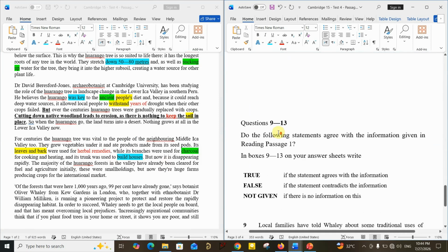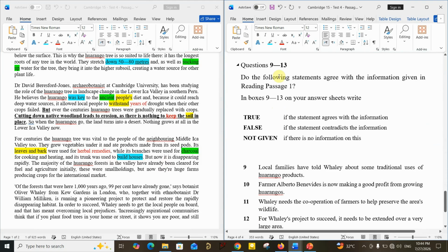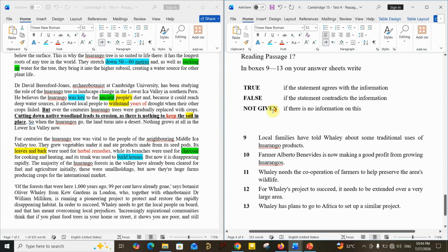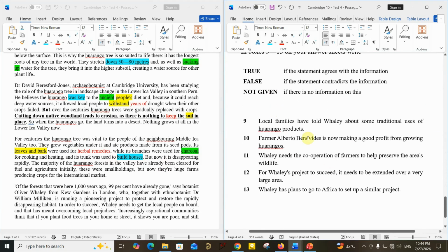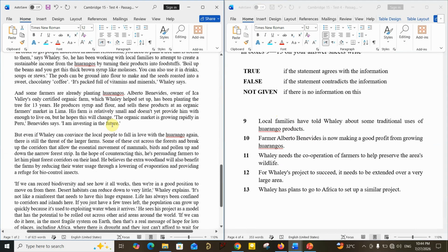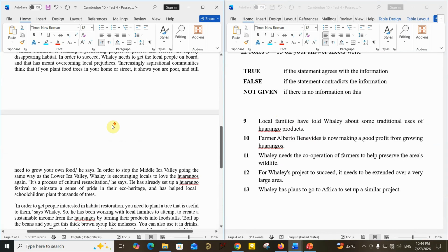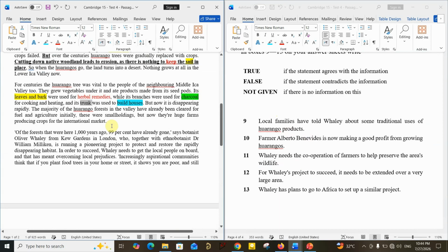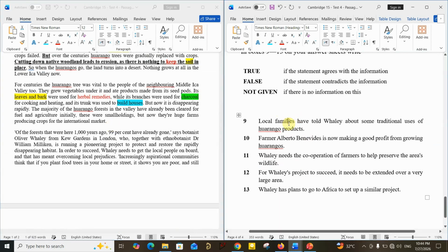So here we are left with questions 9 to 13, true, false, not given. These are the statements, and we have this paragraph to answer. And here it says that local families have told Valley about some traditional uses of Horango products.